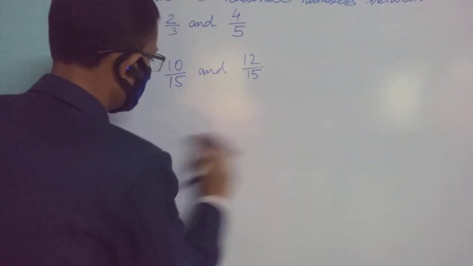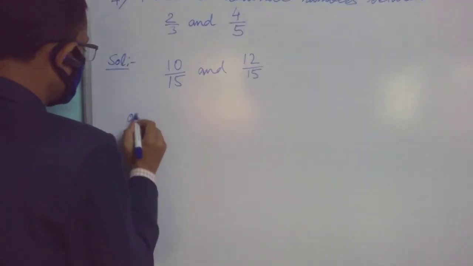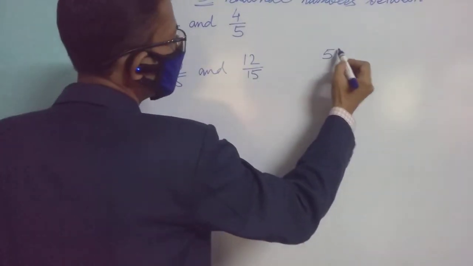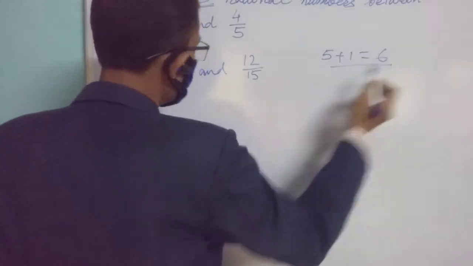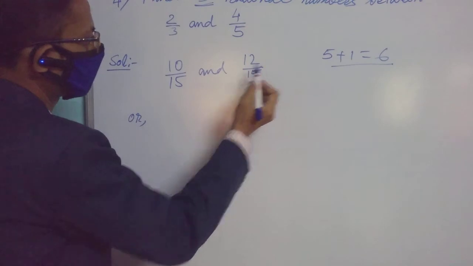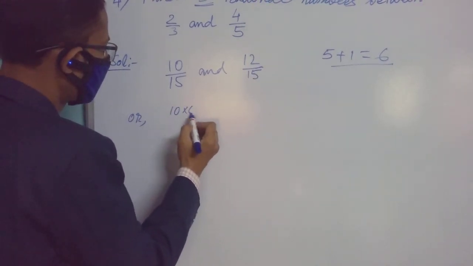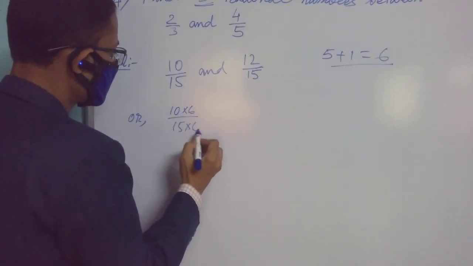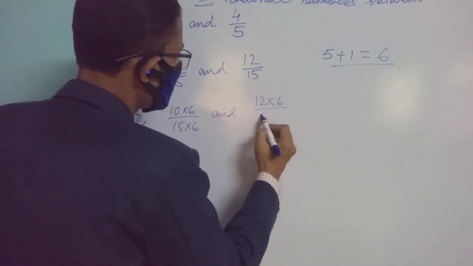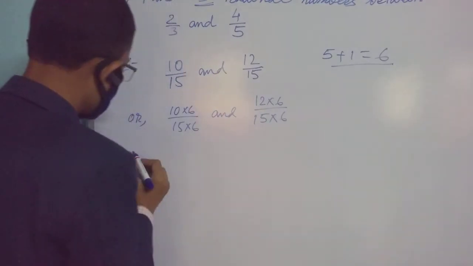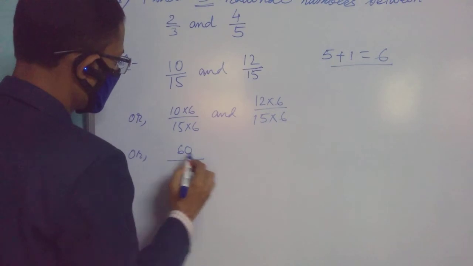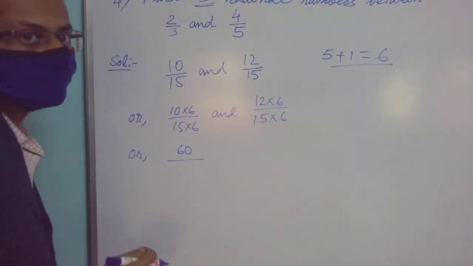Since we are supposed to find out 5 rational numbers, 5 plus 1 is 6. So we will multiply the numerator and the denominator by 6 in both the numbers. So 10 into 6 by 15 into 6 and 12 into 6 by 15 into 6, or 10 into 6 60, 15 into 6 90.